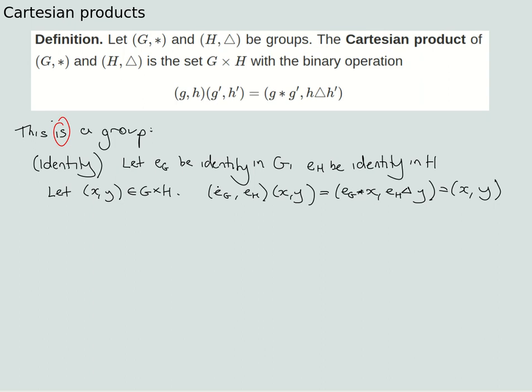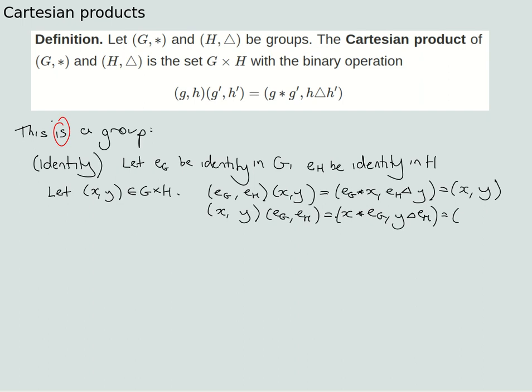Okay, so this element (e_G, e_H) does satisfy the first half of the identity axiom. So let's do this the other way round. The other part of the axiom of the identity is that (x, y) combined with (e_G, e_H) should be the same as (x, y) again. But of course the same thing is going to happen. The definition of the product is that this is (x * e_G, y △ e_H).